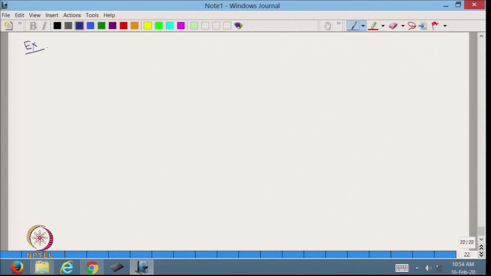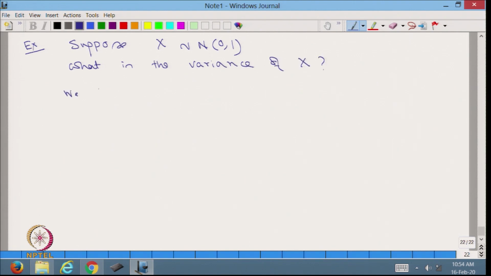Example: suppose x is distributed as normal 0 1, what is the variance of x? We know the expectation of x is equal to 0 and the expectation of x square is equal to 1.